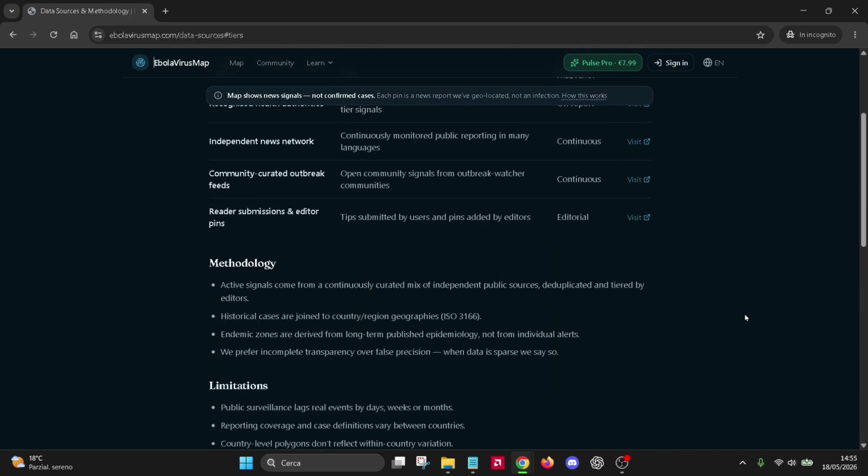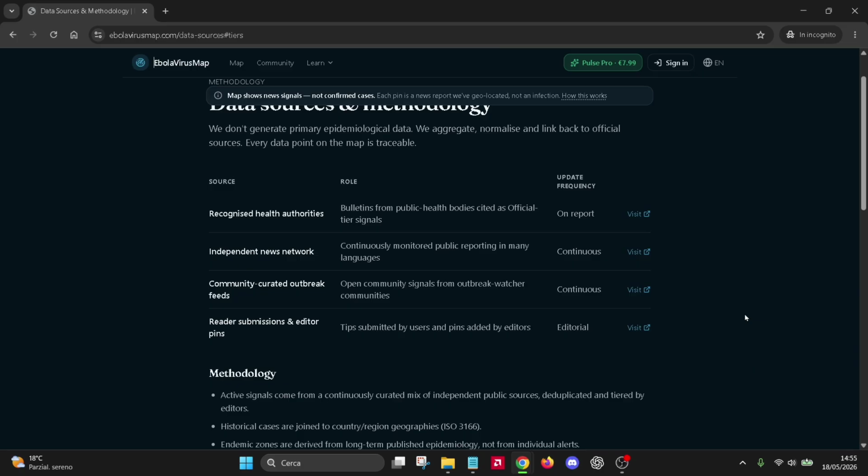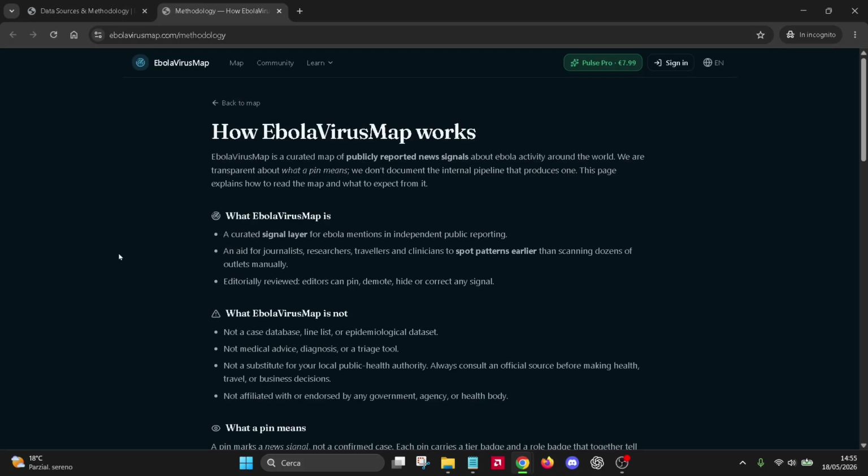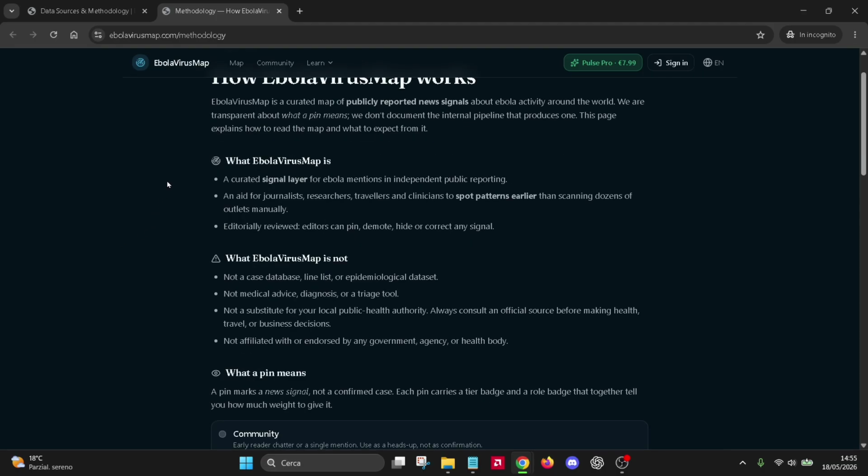Health ministries release statements. Researchers publish analyses. And dashboards like this attempt to organize all of that information into a single coherent picture. The result is a practical OSINT tool for understanding one of the world's most serious infectious diseases.